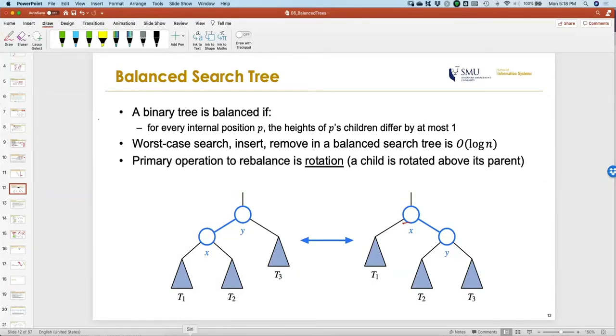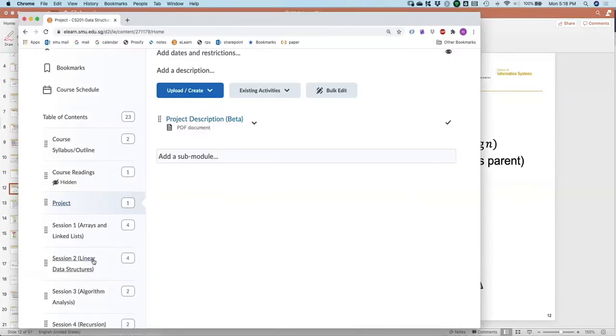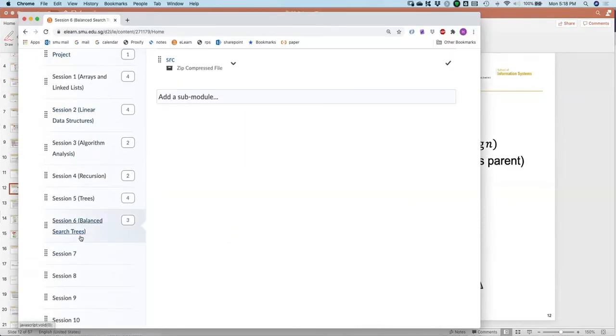Now, throughout the slides here, I think what we try to do is that we try to capture the intuition of this. But I understand that some of you may actually want to look at the code. So as part of the e-learn, right? So I think we put in the source files there as well.